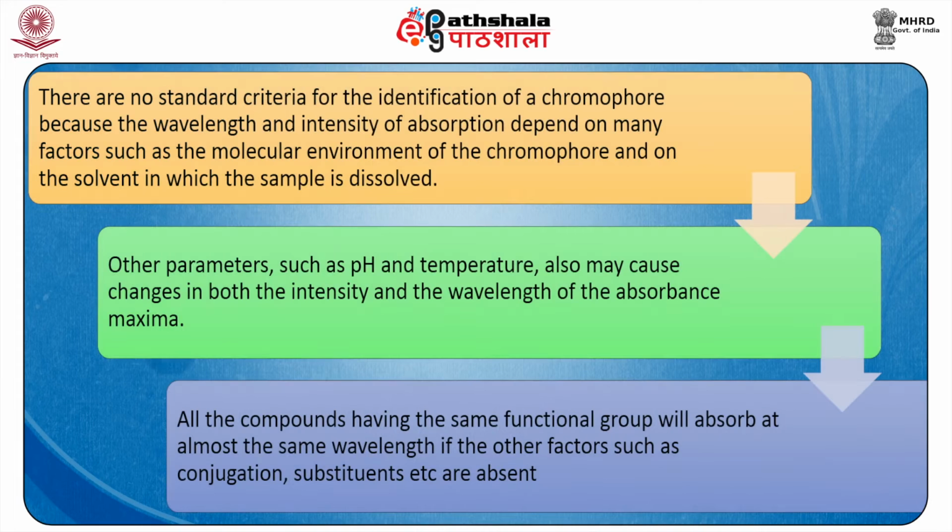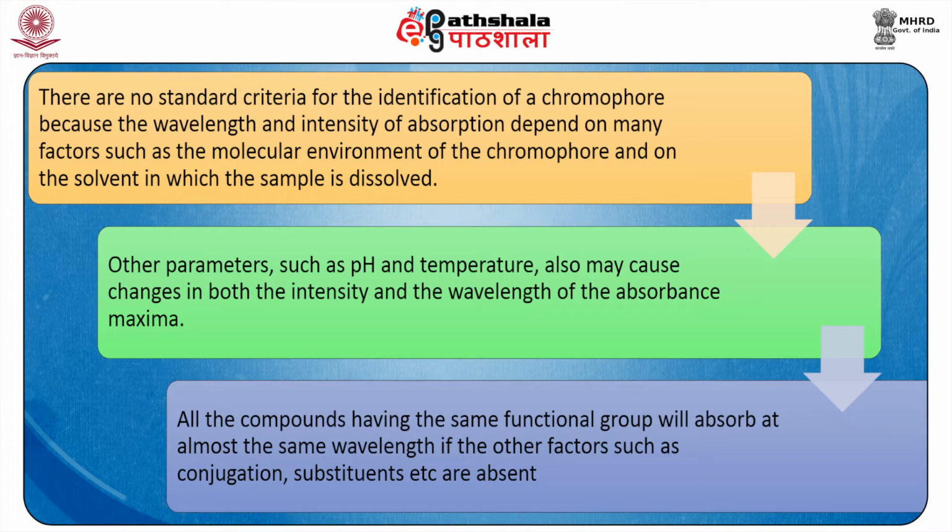There are no standard criteria for the identification of a chromophore simply because the wavelength and intensity of absorption depend on many factors such as the molecular environment of the chromophore and the solvent in which the sample is being dissolved.